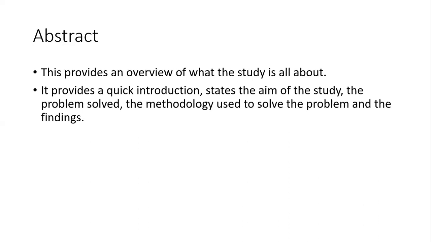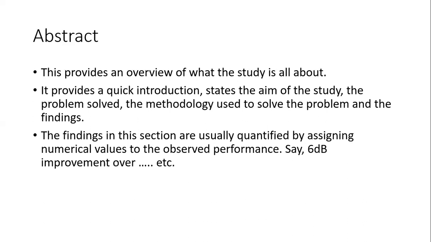It states the aim of the study, and then the problem solved, the methodology used to solve the problem, and some important findings. Usually, the findings in this section are quantified by assigning some numerical values to the observed performance.